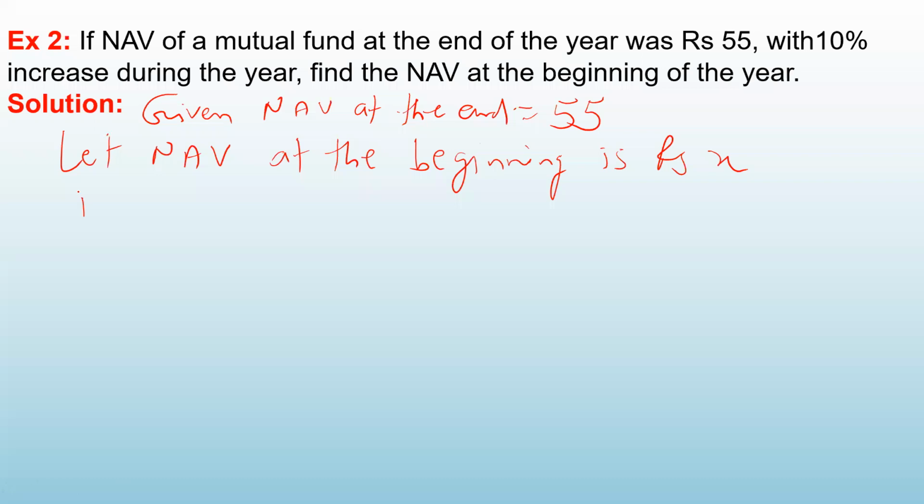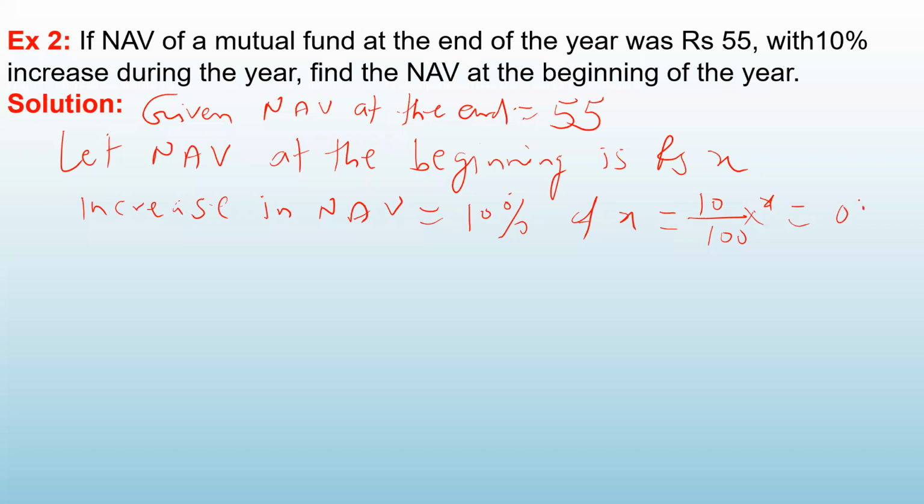So what is the increase in NAV? Increase in NAV is equal to 10% of X. How will you find out 10% of X? 10 upon 100 into X, that is equal to 0.1X. Okay, 10 upon 100 is 0.1.